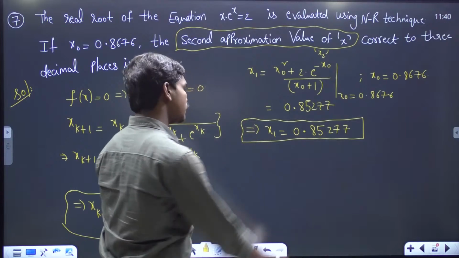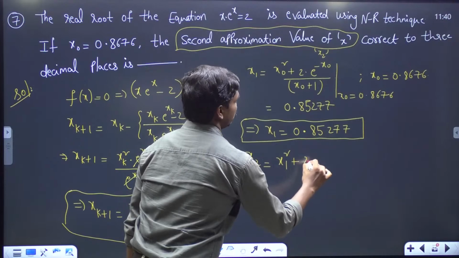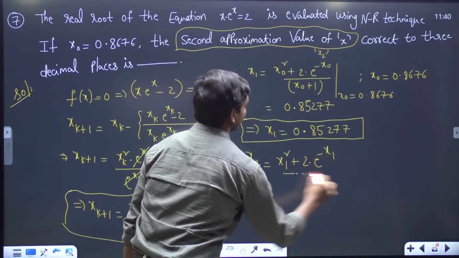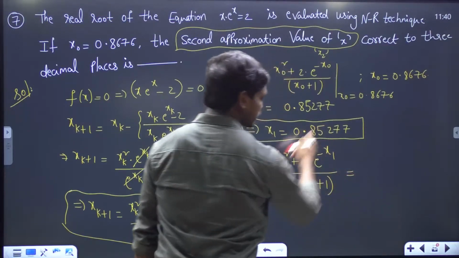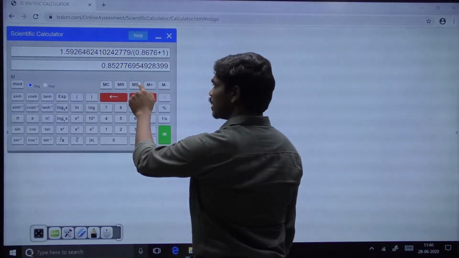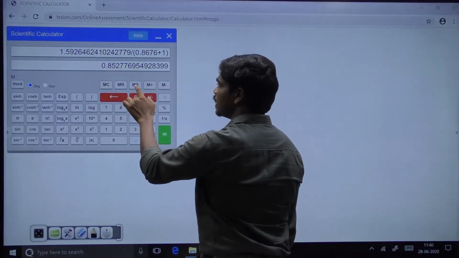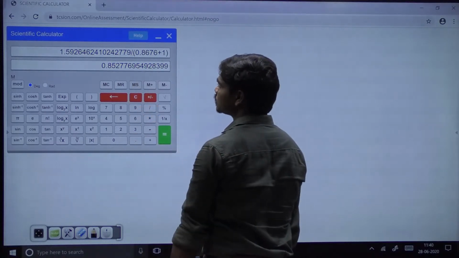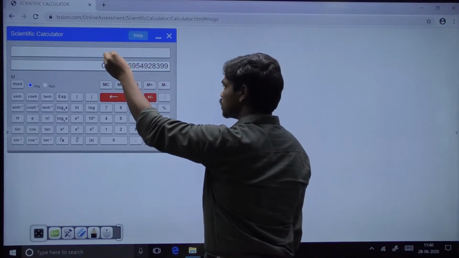Next, if you go for x2, x2 is nothing but (x1 squared plus 2) into e^{-x1} divided by (x1 + 1). You want to calculate this value, where x1 is this. Again, go to the calculator. Now if you click MS again, it stores this 0.85277 as the memory value. If I click MR, you see 0.85277 is stored in the memory again.